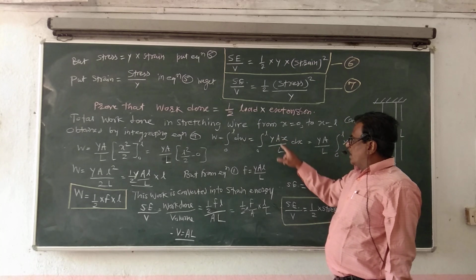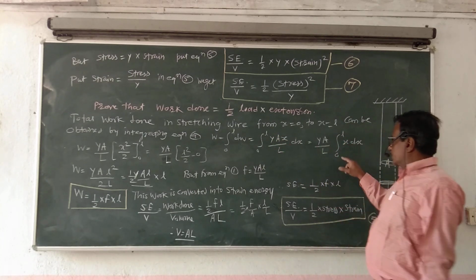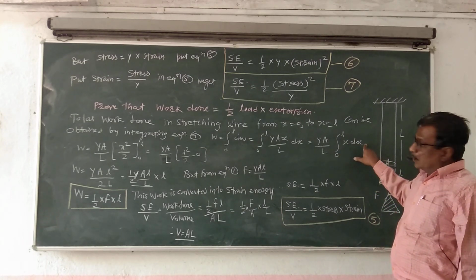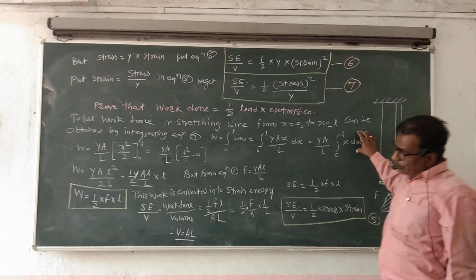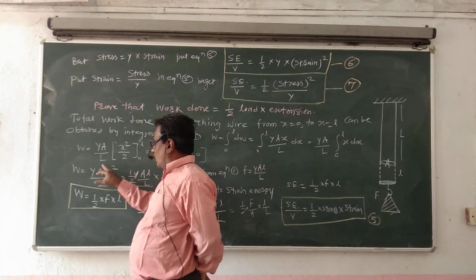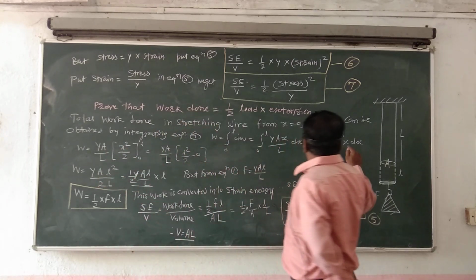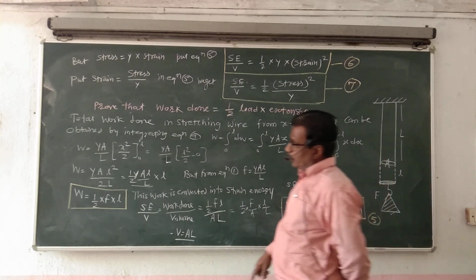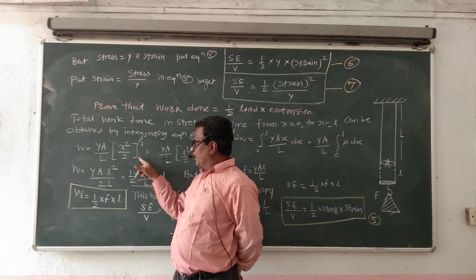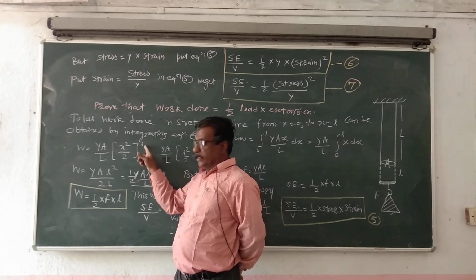Here YA upon L is taken common out of the integration sign, we get integral from 0 to L of x into dx. Now solve this integration, we get work done W equal to YA upon L in brackets, the integration of x dx is equal to x square by 2. The limits are 0 to L, 0 is the lower limit, L is the upper limit.